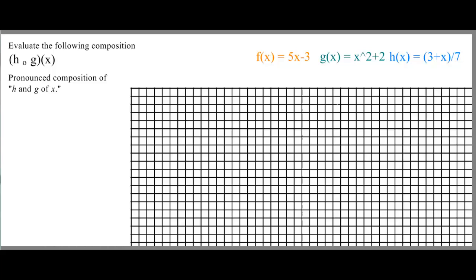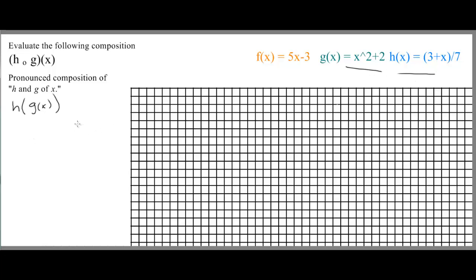All right, we have one more composition here. This one is going to be the composition of h and g of x. It's the same idea as the last one. It's simply going to be h and then g of x on the inside. So now we're working with these last two here.